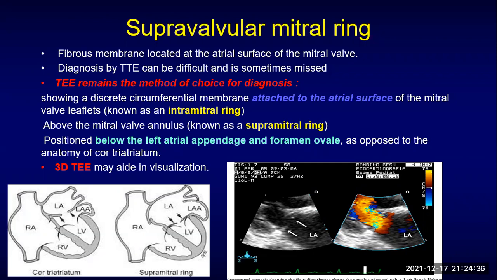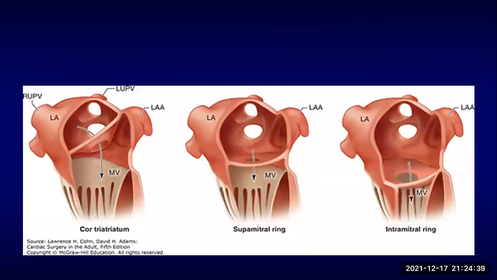And when it is attached to the atrial surface, like in here, this ring is an intramitral ring. When it is higher than the mitral annulus, it is a supramitral ring. And when it is higher than the left atrial appendage, it is a cor triatriatum.